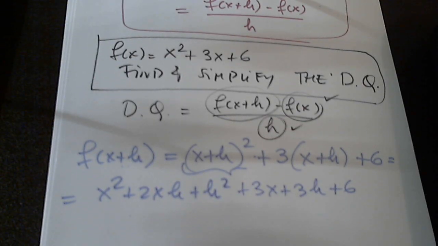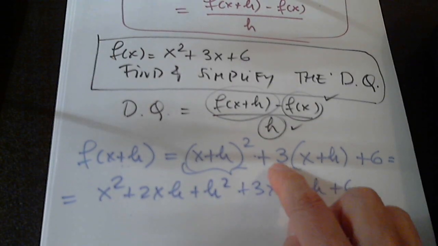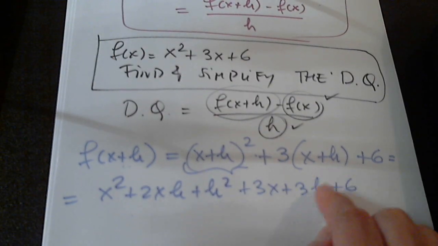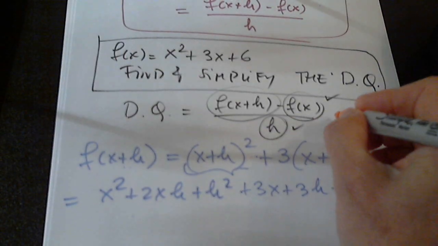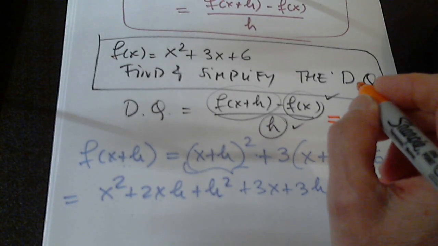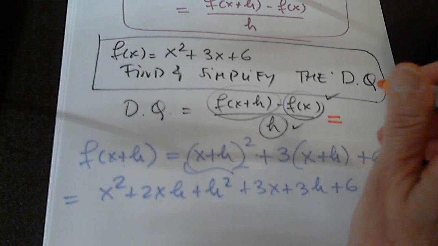I'm going to say the second half: 3x plus 3h plus 6. 3 times x is 3x, 3 times h is 3h, plus 6. Okay, thank you. Perfect. Other questions? Is this clear, everyone? Is this okay? Yes, it's good. Other questions, Marcus? No, I was just saying I was good.